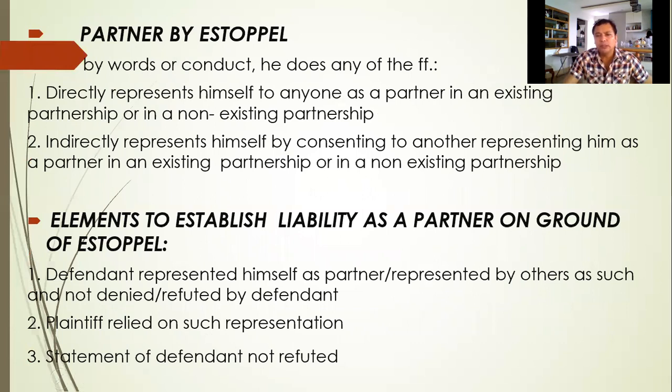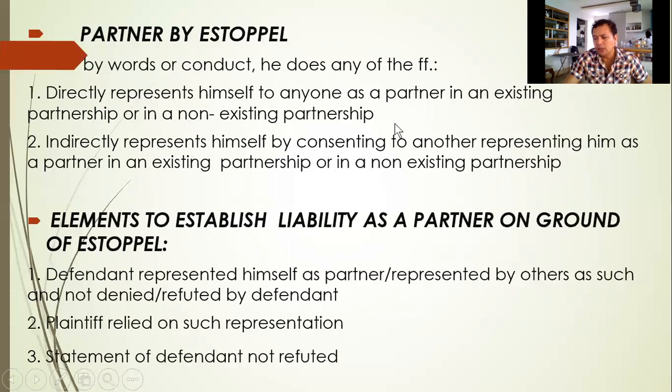So in some instances, there is what you call partner by estoppel. So when is a person considered a partner by estoppel? Is by his words or conduct. And he does the following. Number 1, he directly represents himself to anyone as a partner in an existing partnership or even in a non-existing partnership.